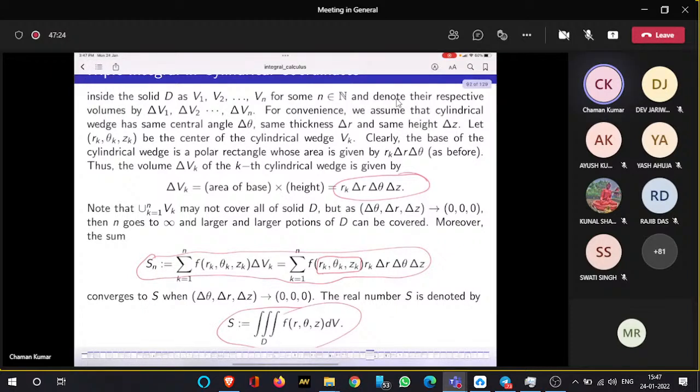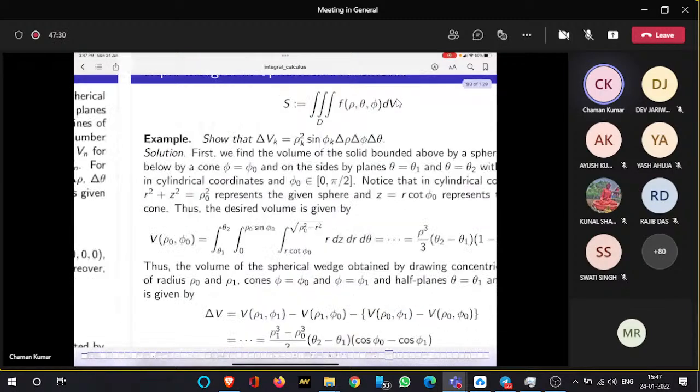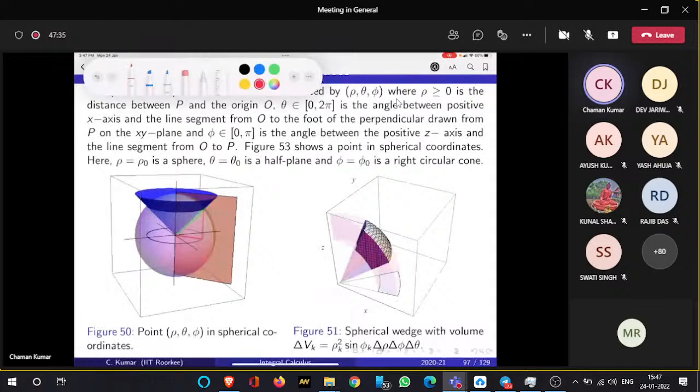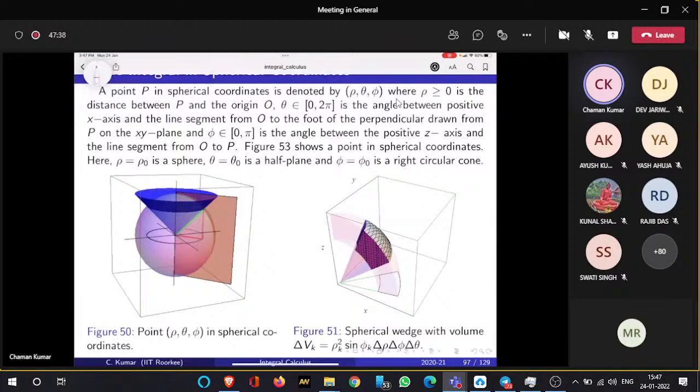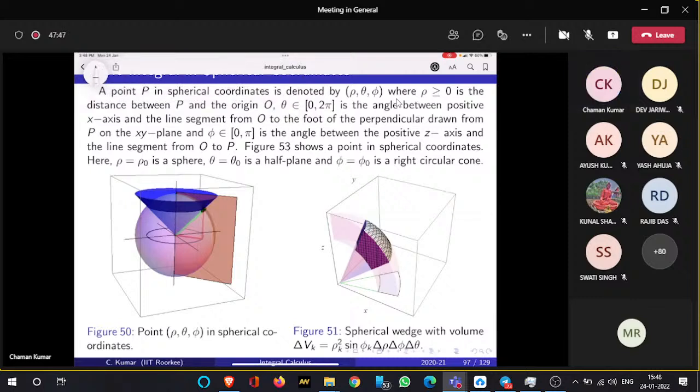And you can also do the same process in spherical coordinates. So here we have points represented in spherical coordinates. For that you pick, let's say, this point.